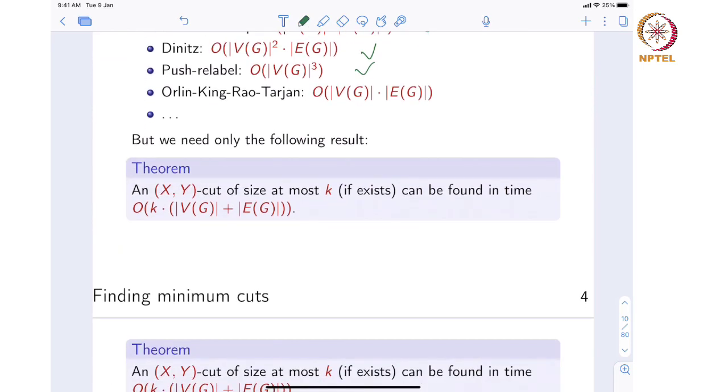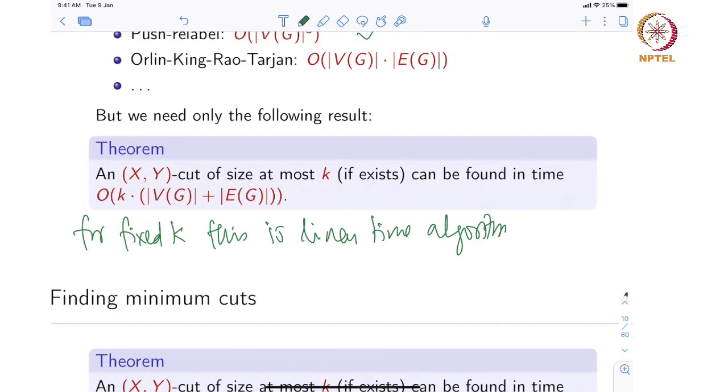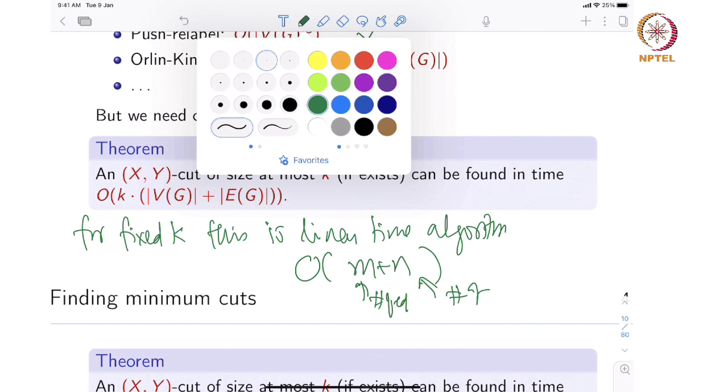So if you notice, for fixed k, this is a linear time algorithm, right? And by linear, we mean order m plus n, where m is the number of edges and n is the number of vertices.